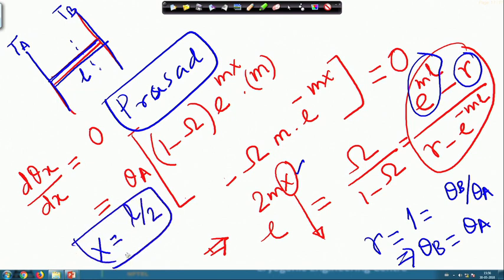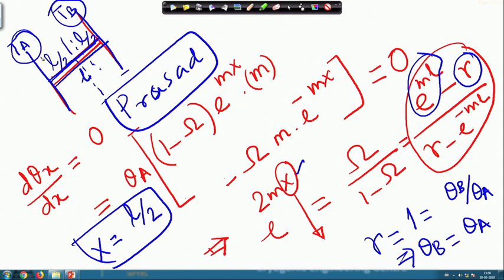So, that means when these two temperatures are equal, we have an extremum located at the middle, and that means we have an L by 2 fin attached to this plate and an L by 2 fin attached to this plate.